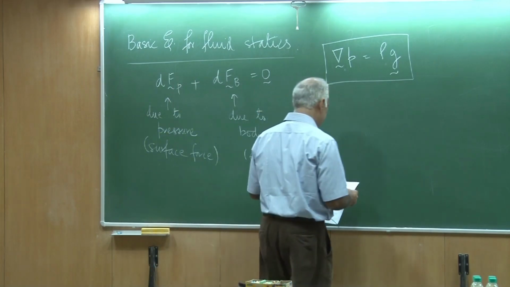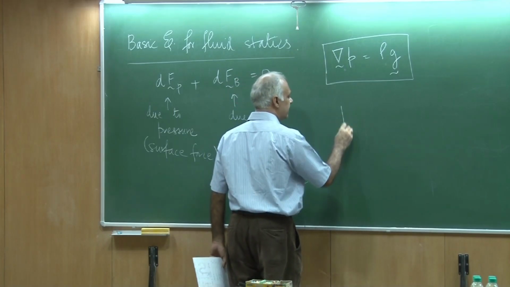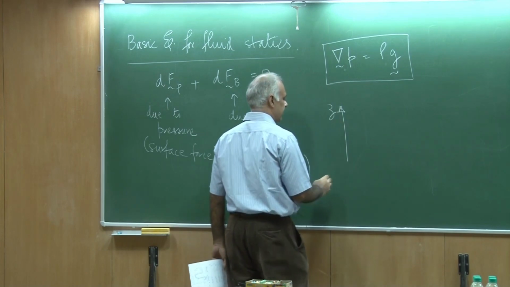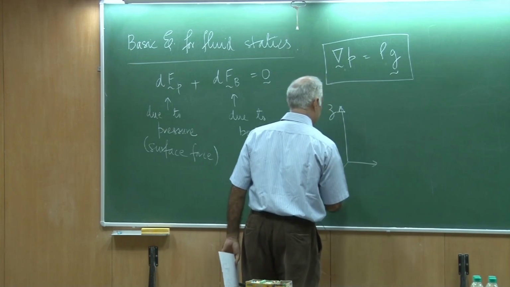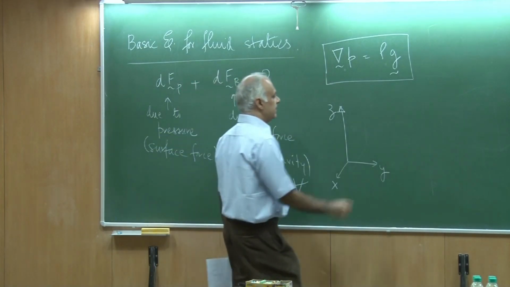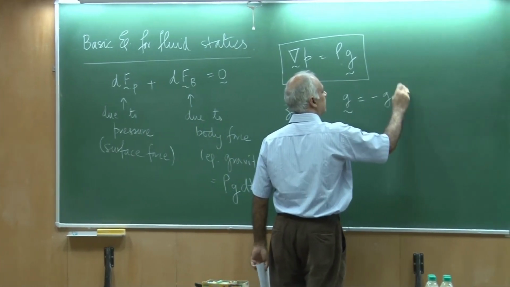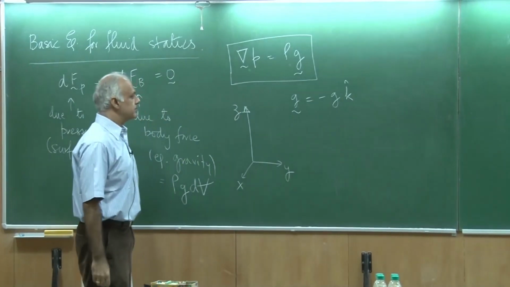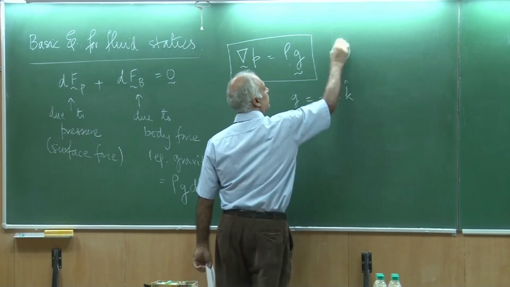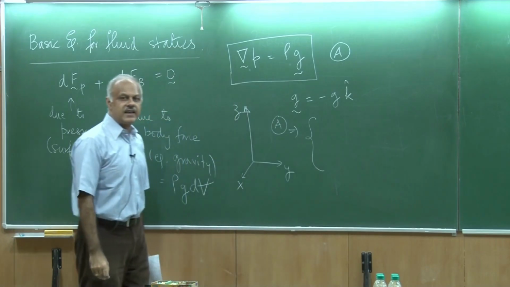We can now simplify this for a certain coordinate system. So suppose my coordinate system is that this is my z axis, this is my x axis, this is my y axis, then g is minus g k. And then if I call this equation A, A would result in three scalar equations.